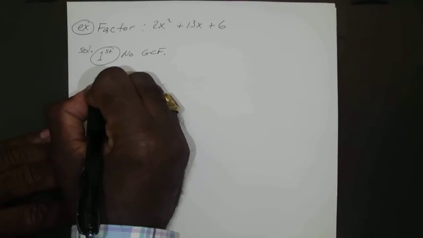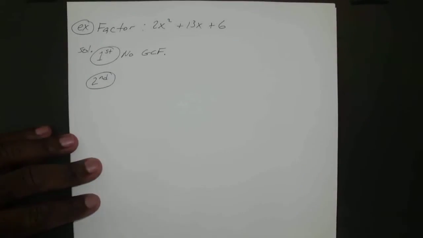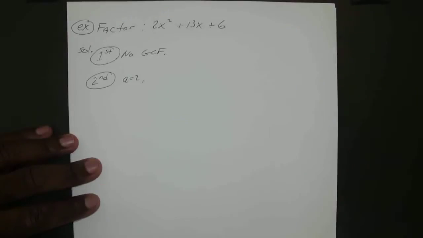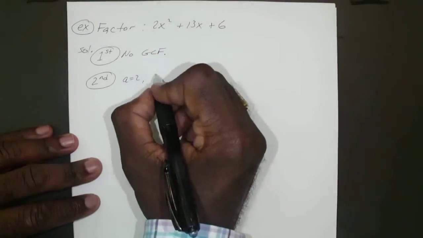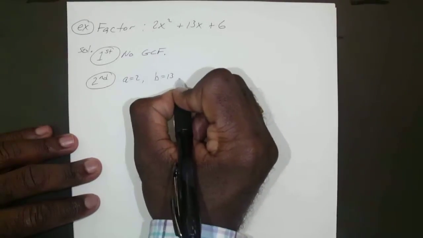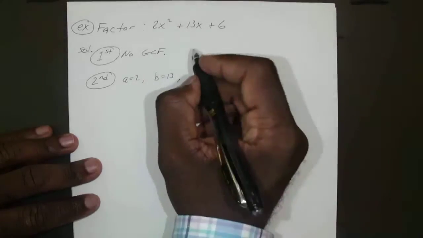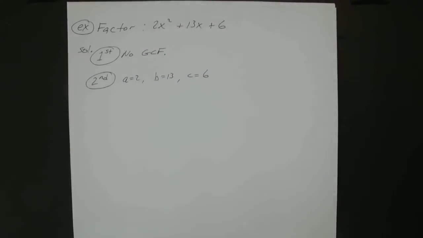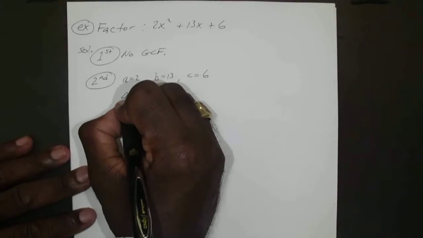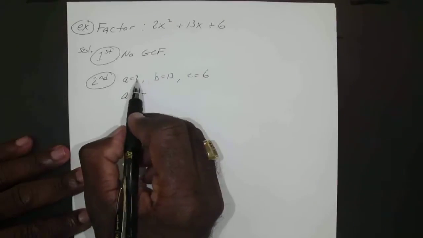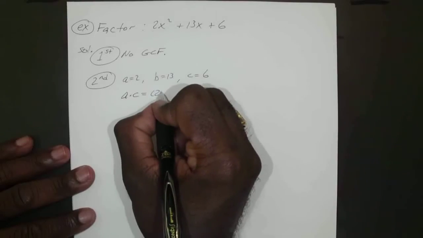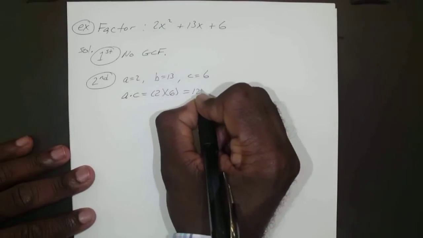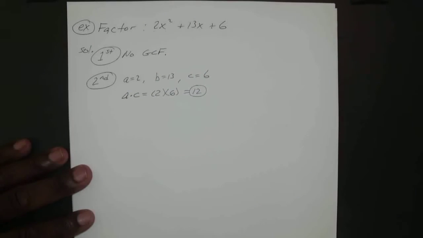Okay, so remember your second step, you know that A is equal to 2. We know that B is equal to 13. And we know that C is equal to 6. So that means our A times C is equal to 2 times 6, which is 12. Okay.